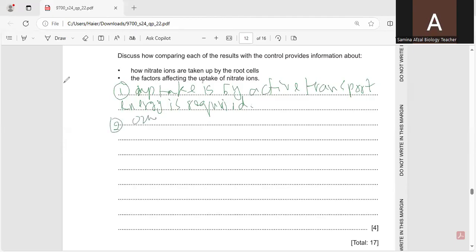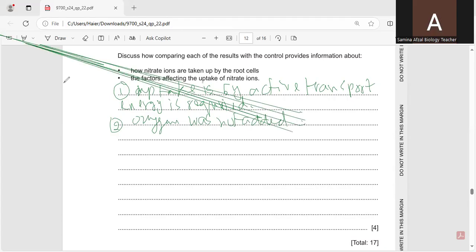In the first experiment, oxygen was not added, and if it is not added, it means active transport will not take place properly, whereas in the control experiment, oxygen was added. So what can happen? The process can go well.